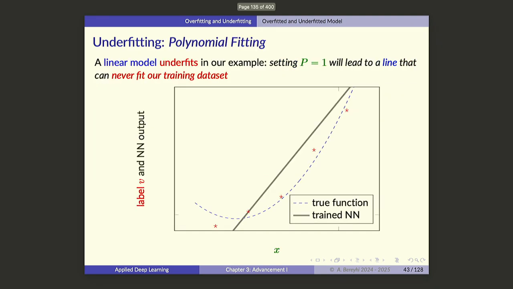Okay? In the example that we had, underfitting simply means that, for instance, we set p equal to 1. If p is 1, then it's going to be a line, and this line would never match the data points that we have, nor the true function. Clear? Any questions? So you are happy with underfitting and overfitting?